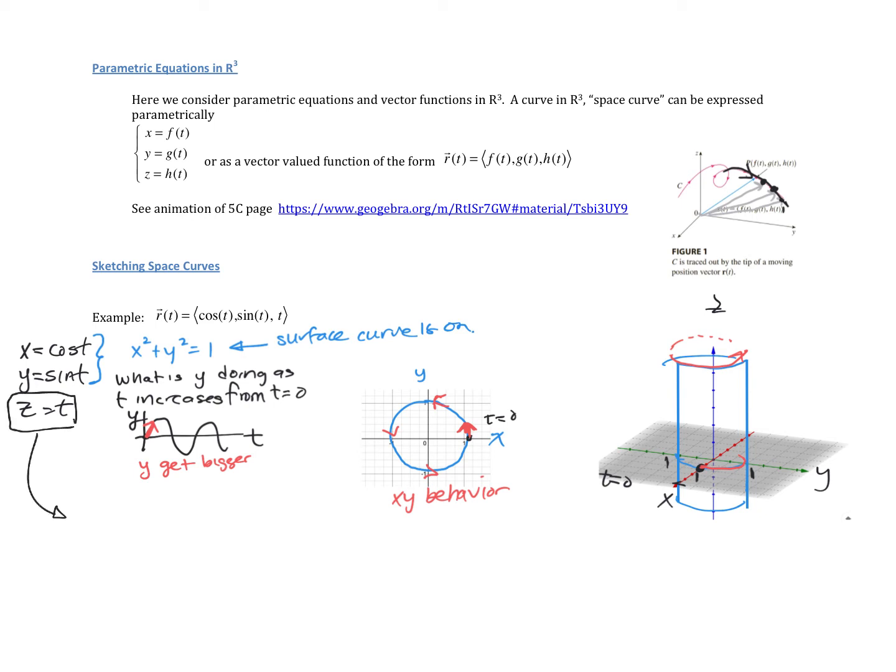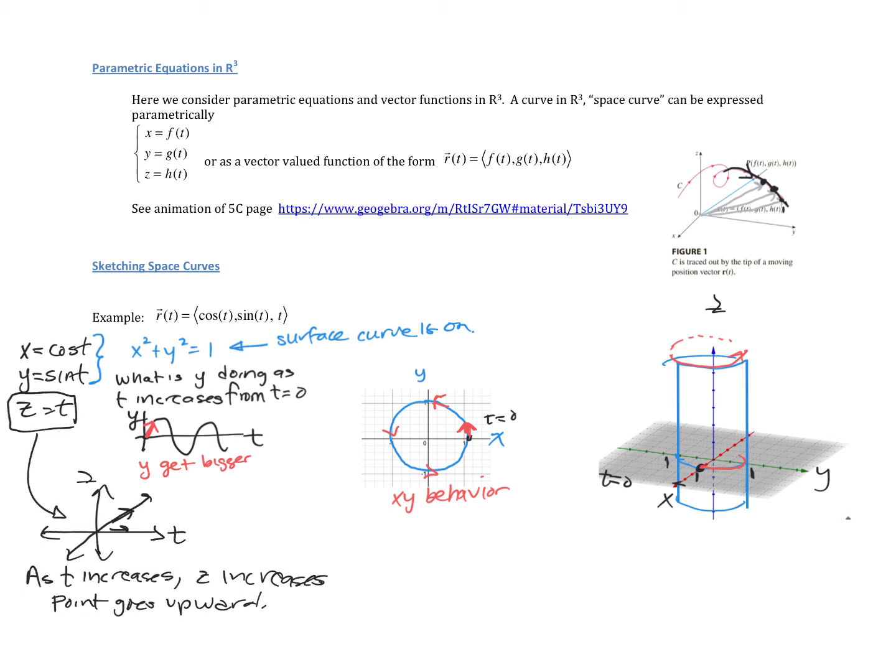Z is t. So you don't have to graph it, but Z as a function of t just looks like this. As t increases, Z increases. Which, what that means in 3 dimensions, is that the point is going upward.